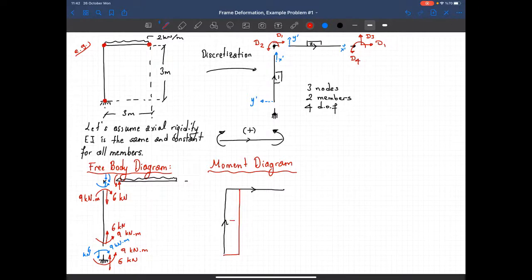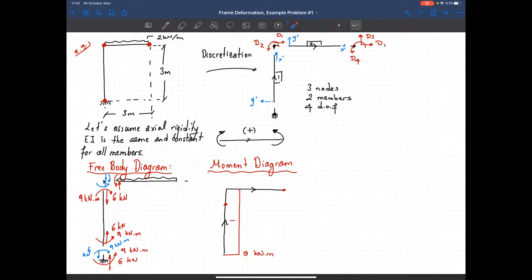That's minus, and this is 9 kilonewton meters. Now, in this member, I have minus 9 moment at the beginning and 0 moment at the end. So minus 9 here, 0 here. What about the variation?